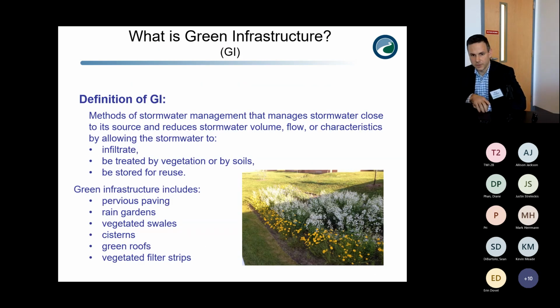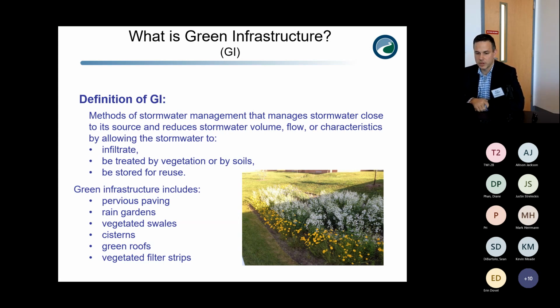So that brings us to green infrastructure. There is now a green infrastructure component of the regs in which they say that those three categories, the quantity, the quality, and the groundwater recharge, have to be met using green infrastructure. And so the definition, this is the NJDEP's definition, so this is the one that counts, is methods of stormwater management that manage stormwater close to its source and reduce stormwater volume, flow, or characteristics by allowing stormwater to infiltrate, be treated by vegetation or by soils, or be stored for reuse.